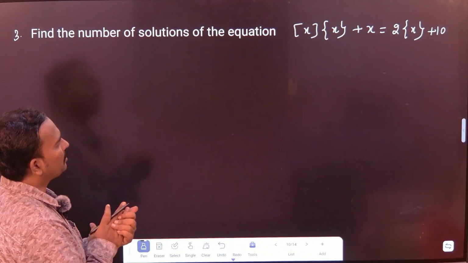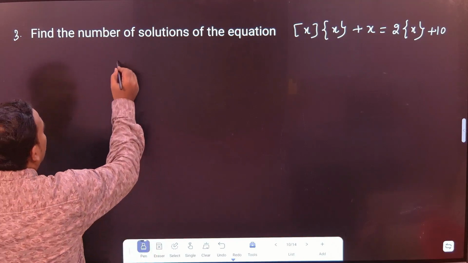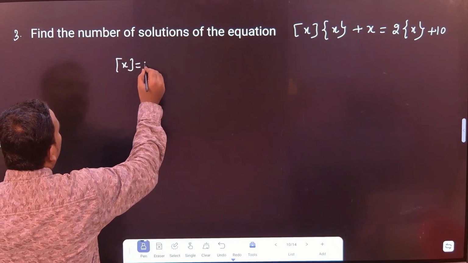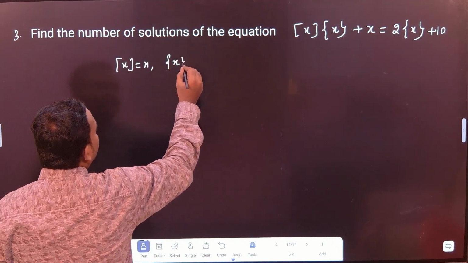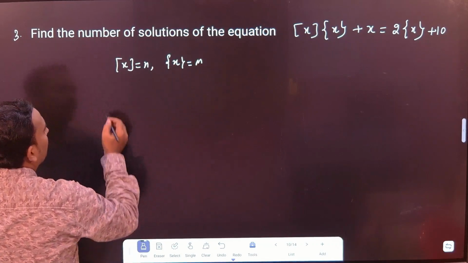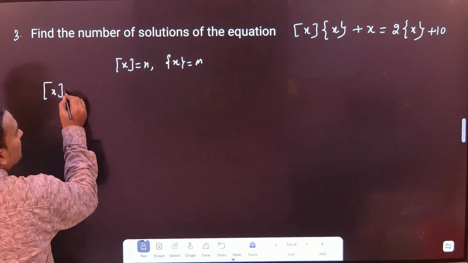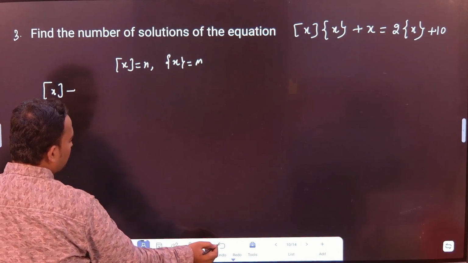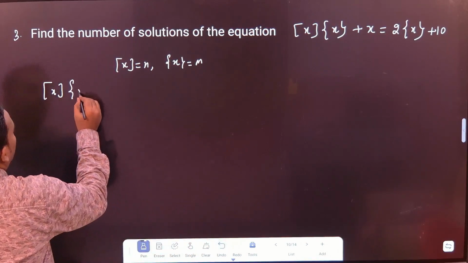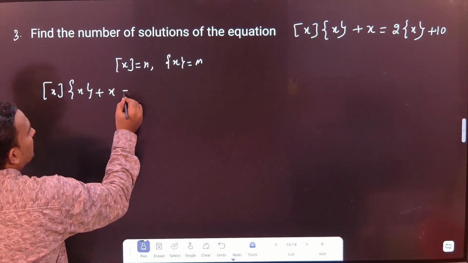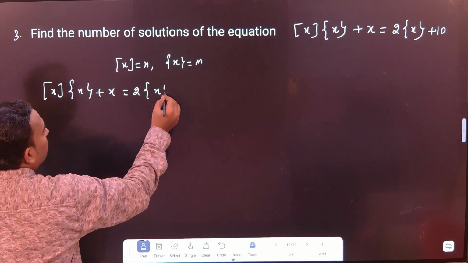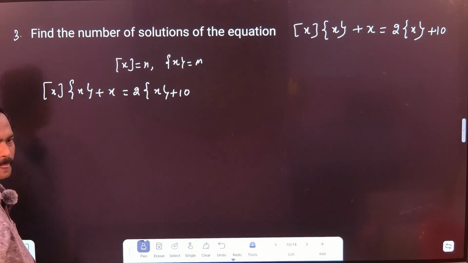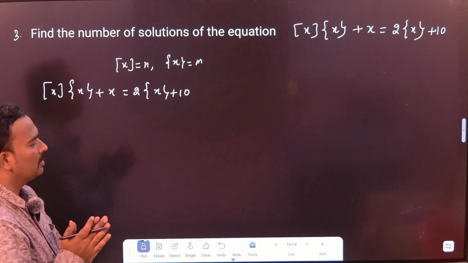So how to solve this question quickly? You know that the greatest integer function, let's take n. Fractional part function, you can take m. So how to rewrite this equation? You can see greatest integer function into fractional part function plus x is equal to 2 times fractional part function plus 10. Then how to rewrite this one?